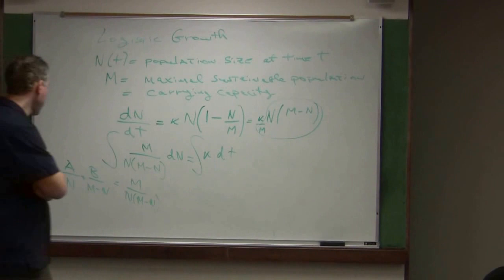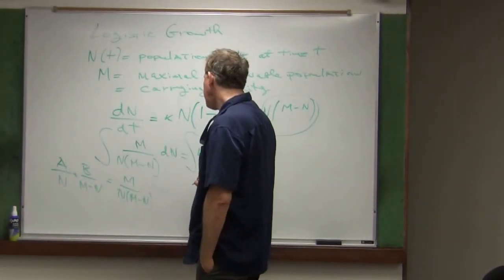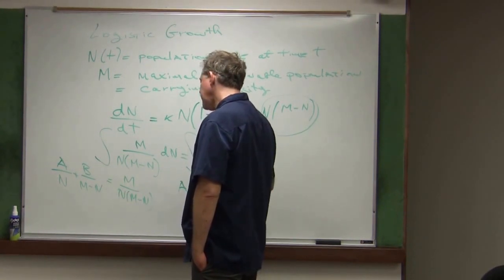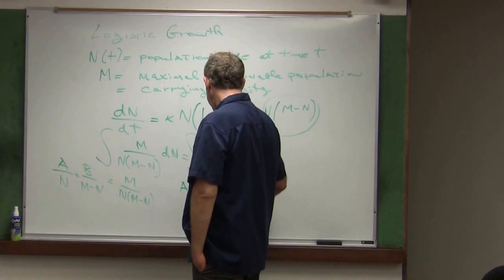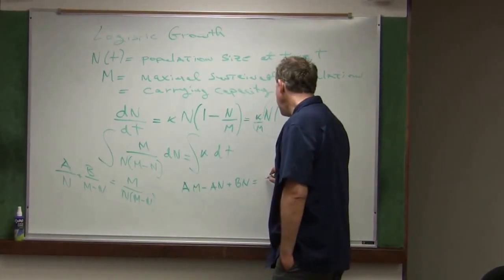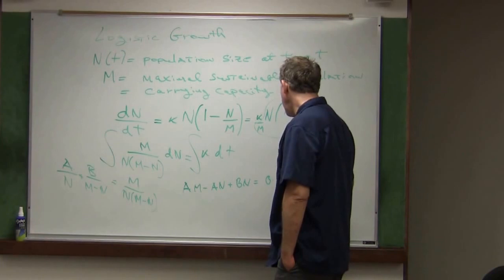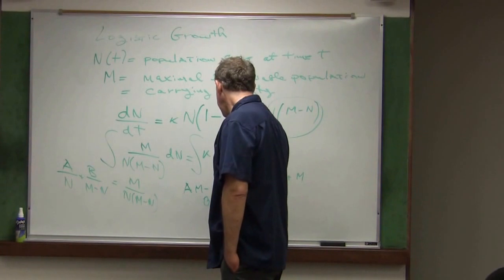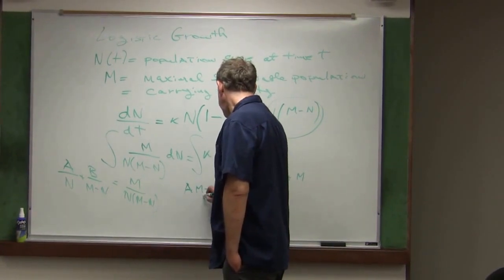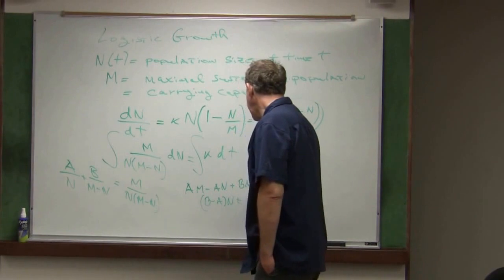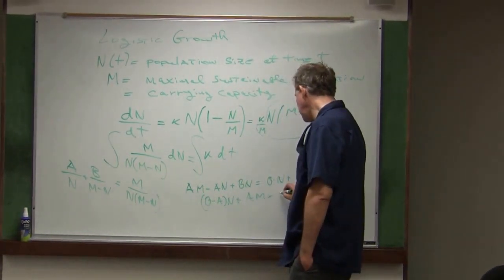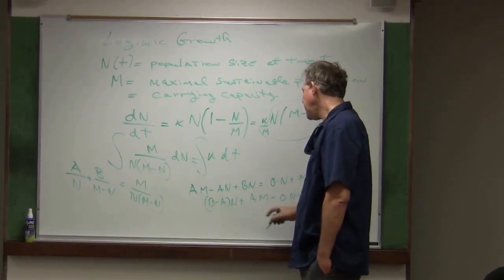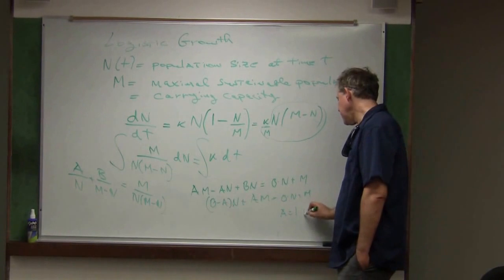All right, let's check. A M minus A N plus B N is equal to M. You can think of this as 0 N plus M. So we've got (B minus A) N plus A M is equal to 0 N plus M. So A is clearly 1, and then since B minus A is 0, B is 1.